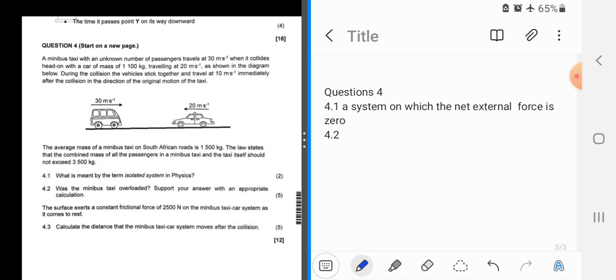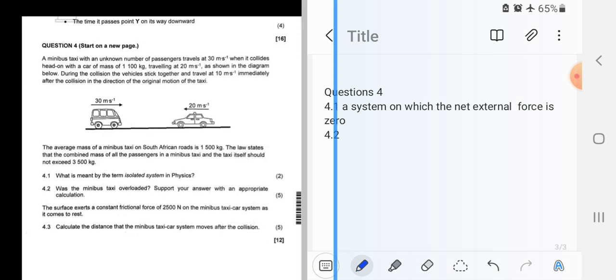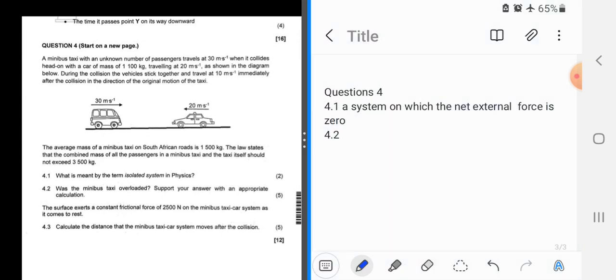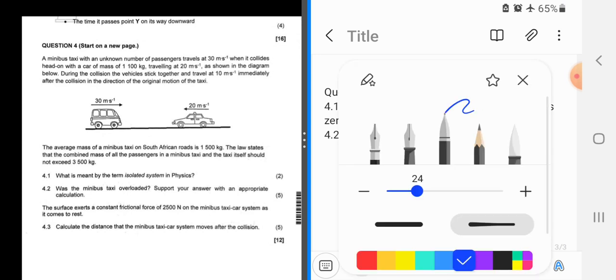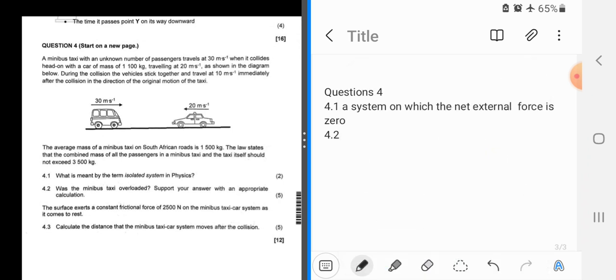So remember this formula. I did it when I was doing this topic for you, momentum and impulse. Yes, it's called momentum and impulse.